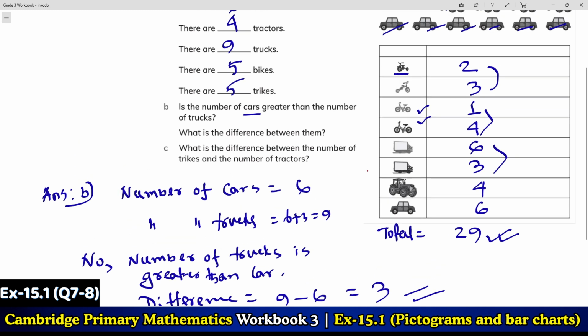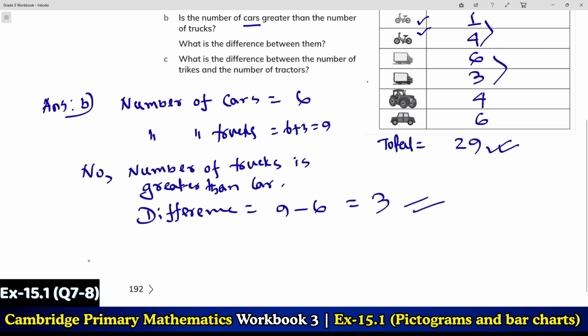Number C: what is the difference between the number of trikes and the number of tractors? So tractor is 9 and trikes is 5. So the difference is 9 minus 5.